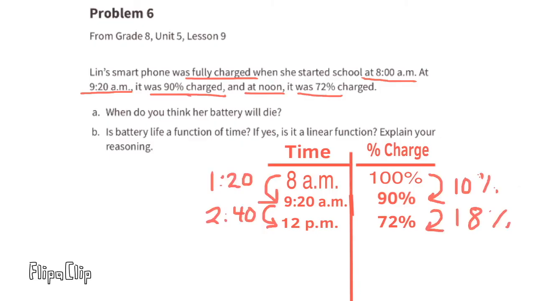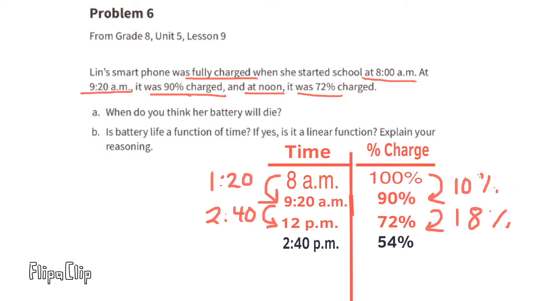From 8 a.m. to 9:20, an hour and 20 minutes passed and the phone lost 10% of battery. From 9:20 to 12, 2 hours 40 minutes passed and it lost 18%. At this rate, if another 2 hours and 40 minutes passed, it would be 2:40 p.m. and let's say the battery lost another 18%.